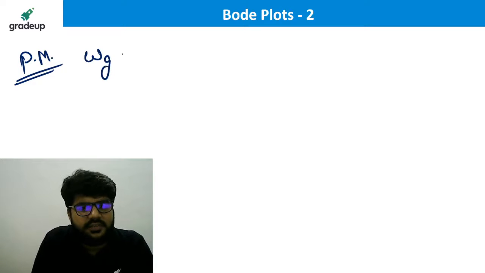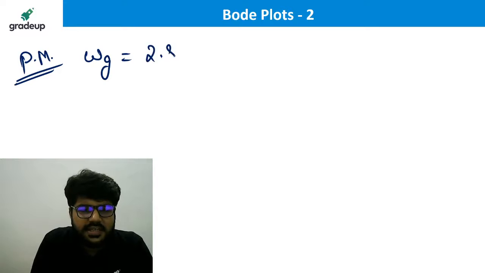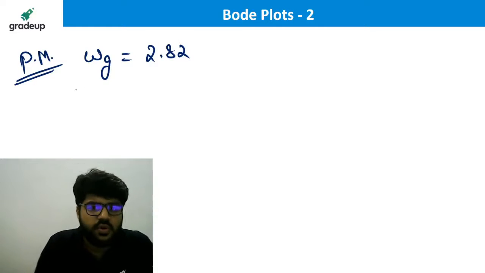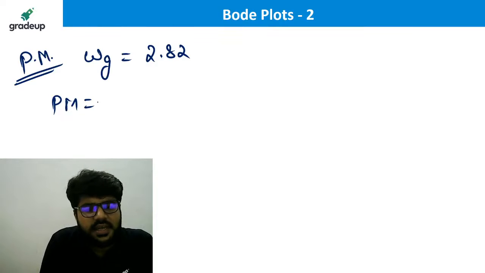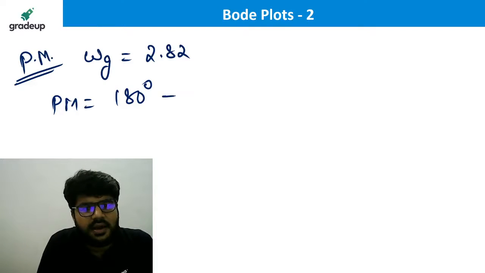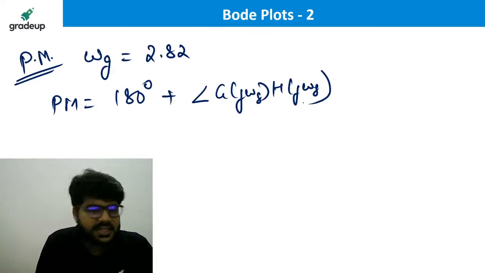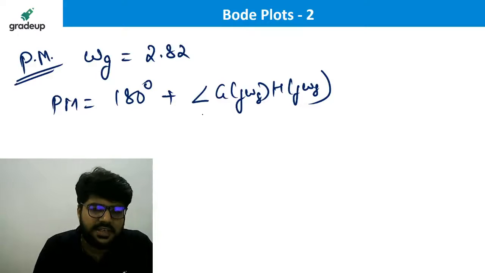For phase margin, we need omega g. Omega g is just now calculated from the Bode plot. Just we calculated 2.82. So what is the phase margin? It is given by the formula 180 degree plus angle gj omega g. Guys, remember the formula from yesterday's class? Angle gj omega g hj omega g.